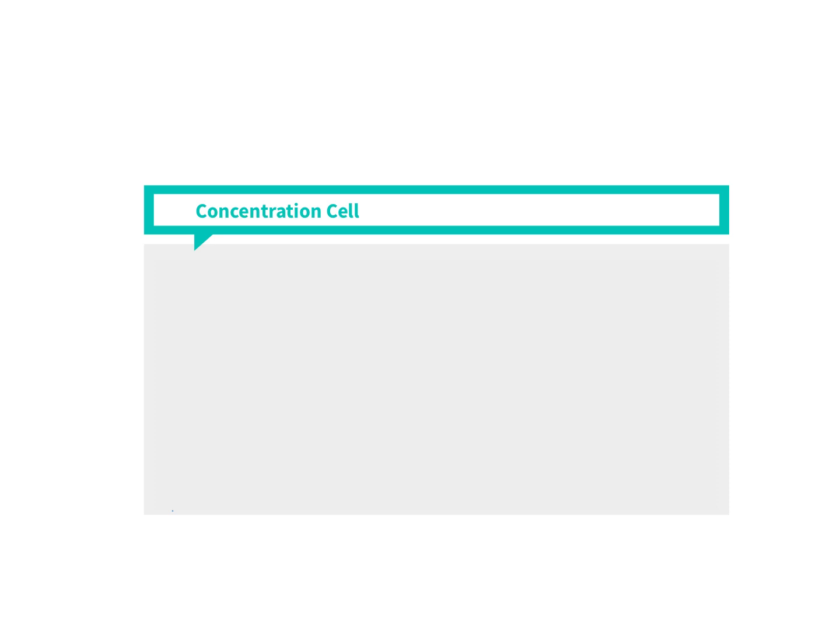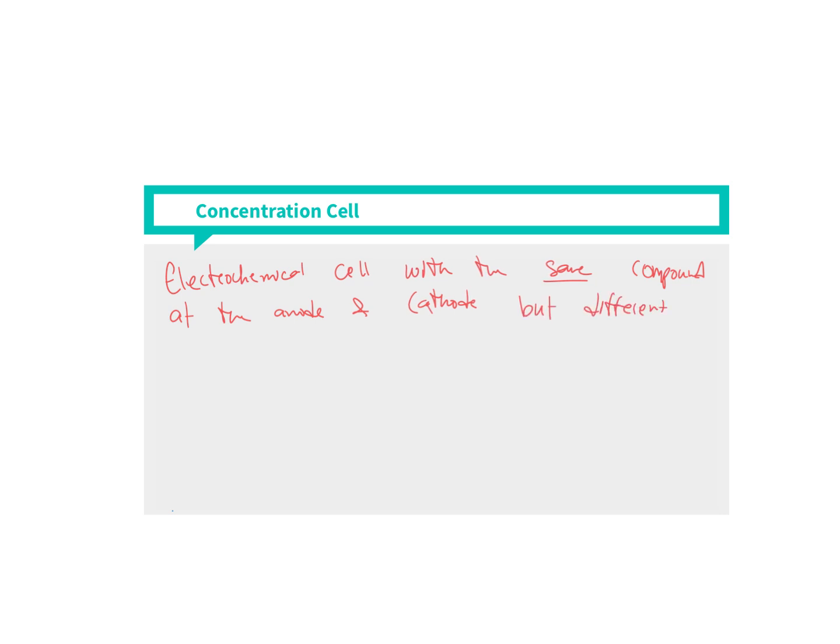Now, a consequence of the Nernst equation is that we have something called a concentration cell, which is an electrochemical cell with the same compound or element at the anode and cathode, but the only difference is they have different concentrations.